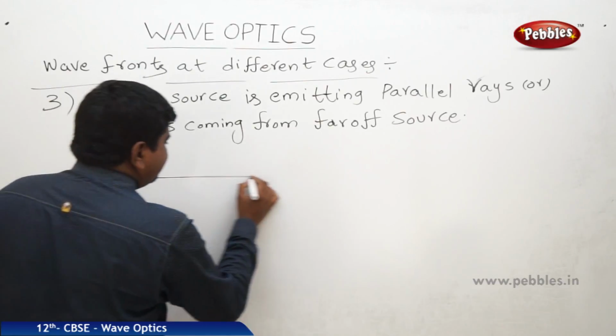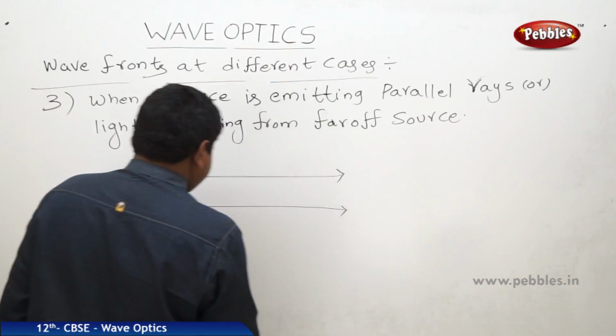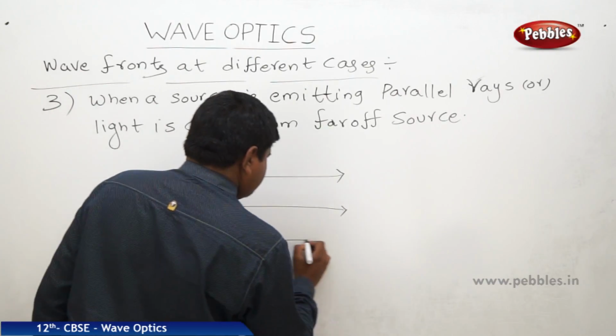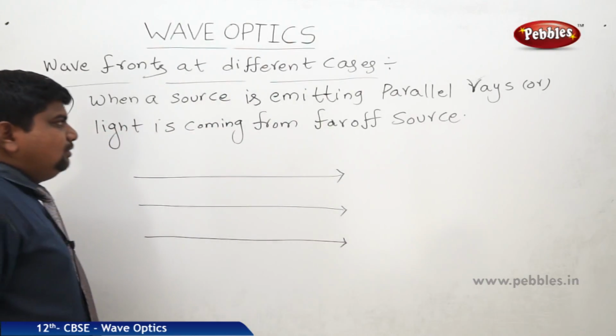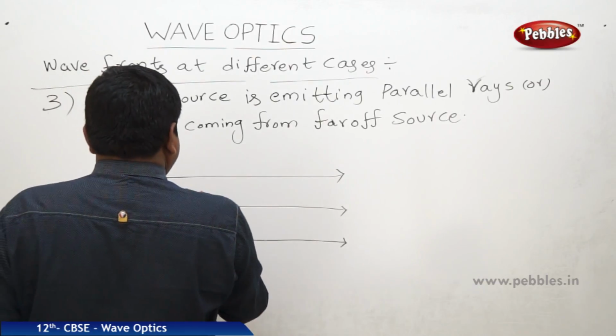These are the parallel light rays. Then the wavefronts will be like this.